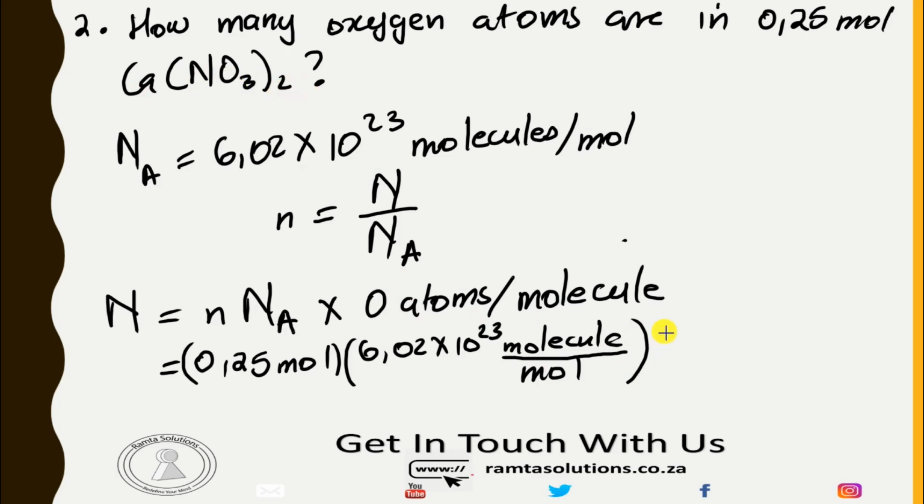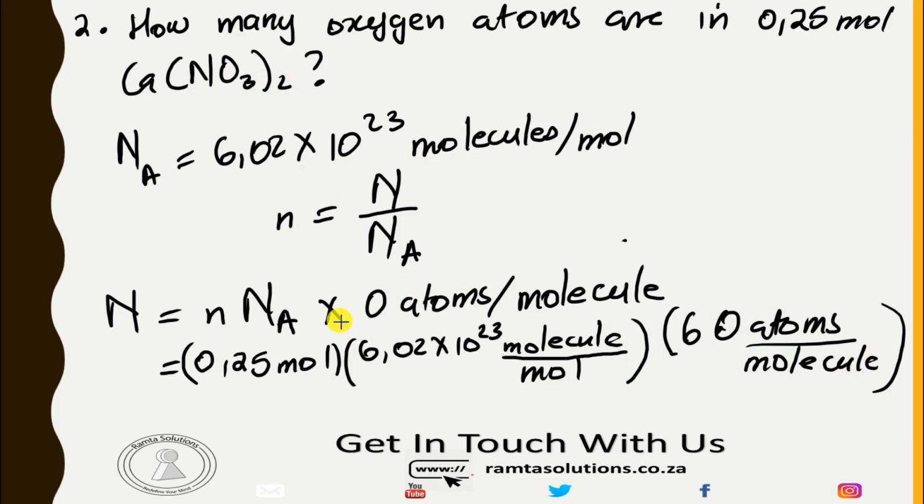So we will say this is multiplied by 6 atoms per molecule. Now, let's see if indeed we will have atoms at the end. This cancels with this. This cancels with this. What are you left with? You are left with atoms.